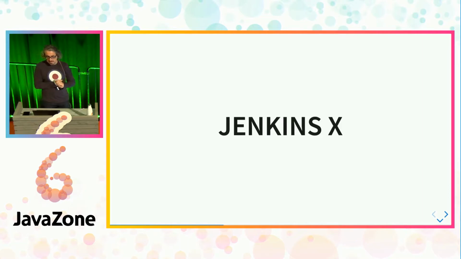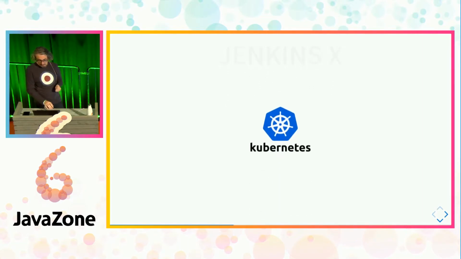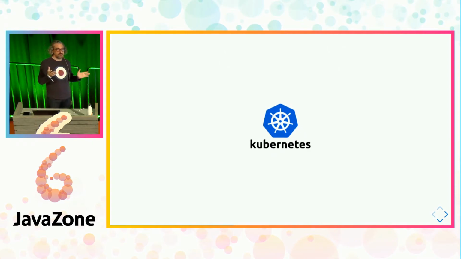So Jenkins X, for those of you that don't know yet, is a new open source project that was started last year, I think it was, or was this year? Last year, yes. And the only thing it has in common with Jenkins today is the name. So it's a new CI/CD platform that runs on Kubernetes, and that's the main requirement.